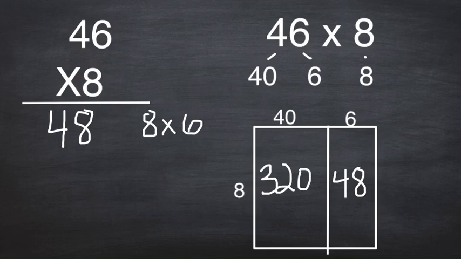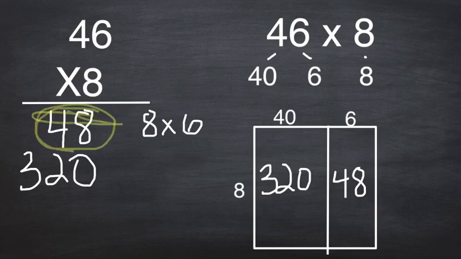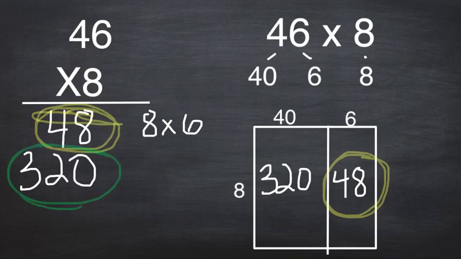And then I go to my next column, share the 8 with the 40. 8 times 40 is 320. So see, we have the same parts. We have the 48 from the 8 times 6, just like we had in our box method. And 320 when we did 8 times 40, just like we had in our box method.